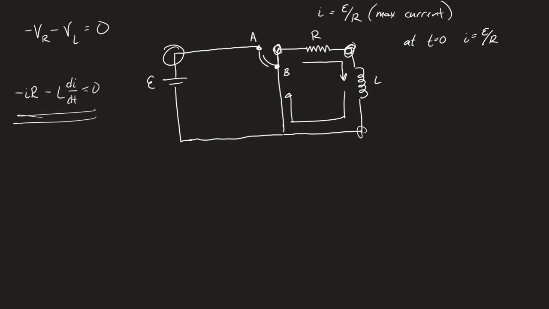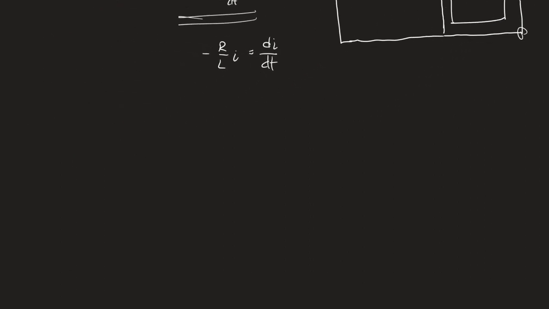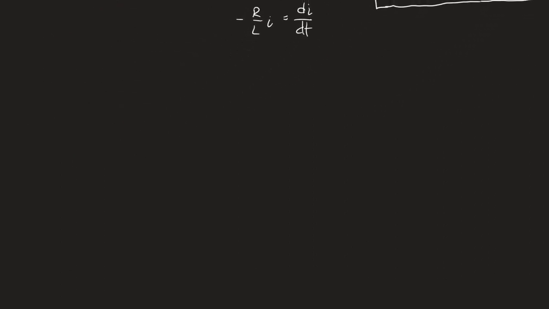All right, so we start this by isolating the differential. So, I'll have negative R over L times I equals dI/dt. That okay? Everybody see where I'm starting? All right. Split the derivative. Collect terms.